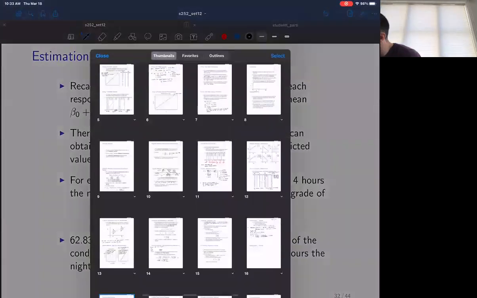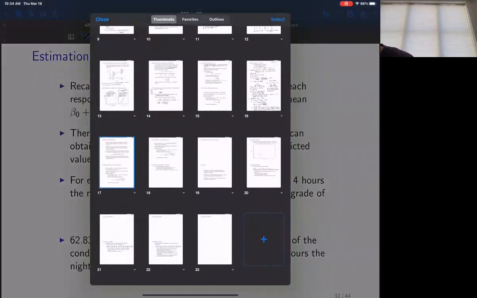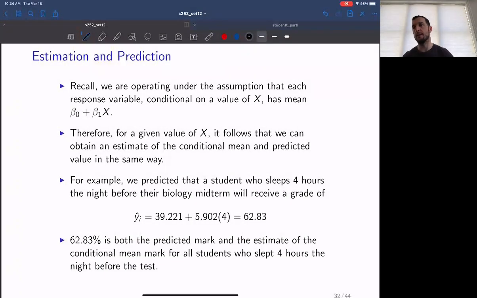What's interesting is that we can interpret this predicted value in two different ways. We can interpret it as a mean of the normal distribution that we expect to surround said value, or we can interpret it as an individual value.